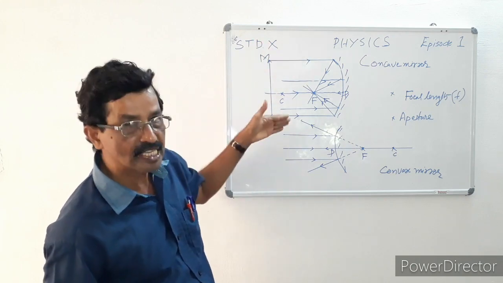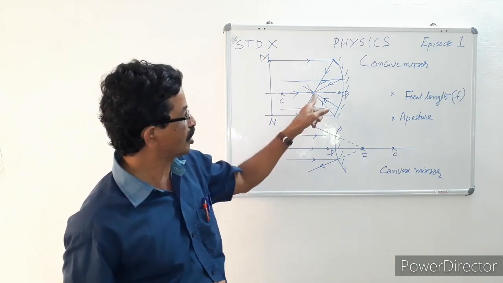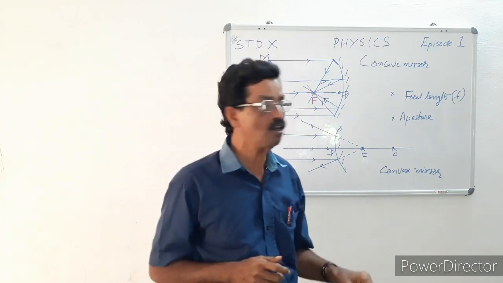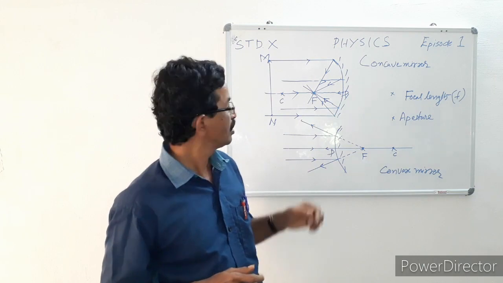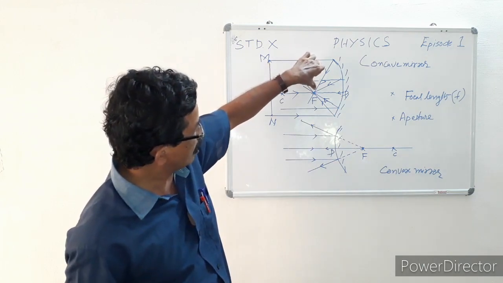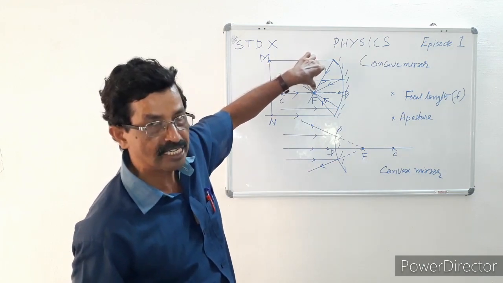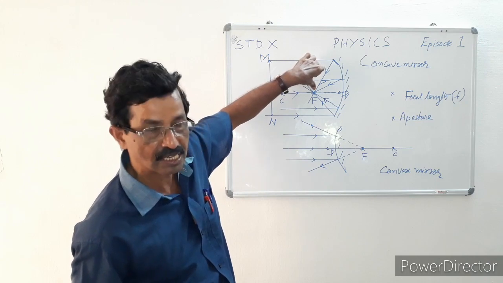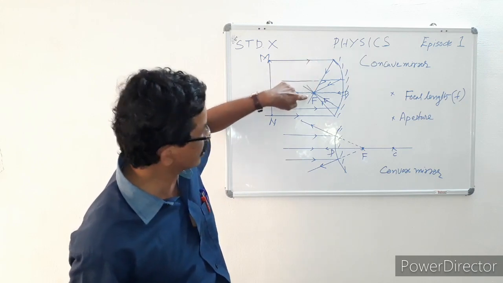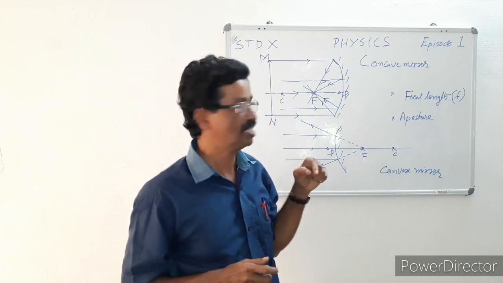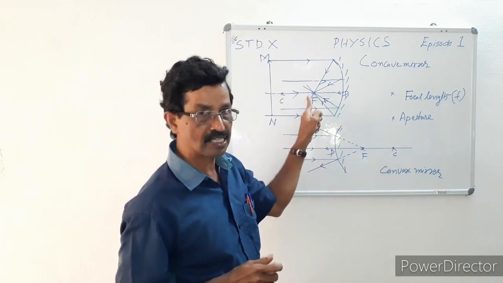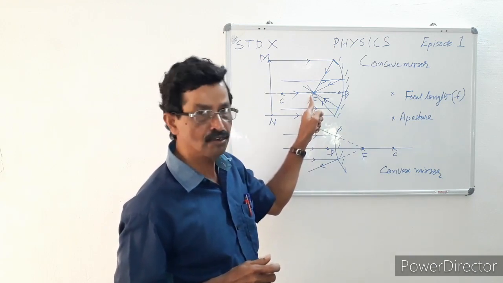These light rays after reflection, in the case of a concave mirror, meet at a point on the principal axis. This is the principal focus of the concave mirror.